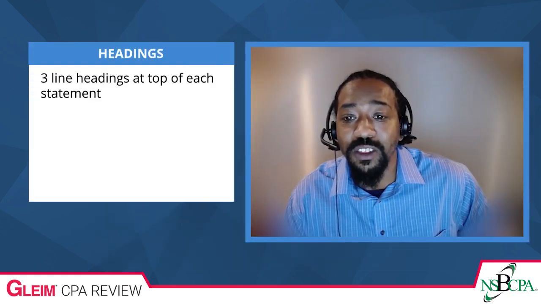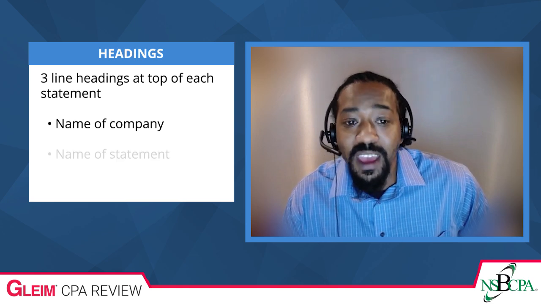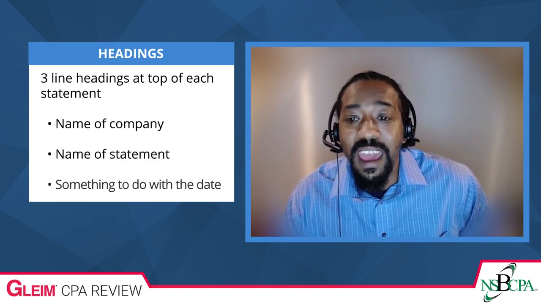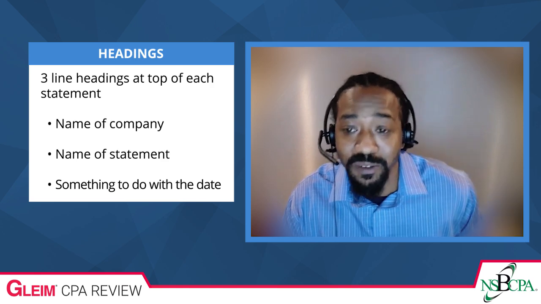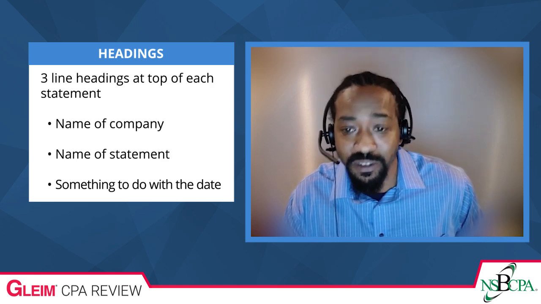The next basic rule for preparing financial statements is how to label your statements. The heading of each statement should consist of three lines: name of company, name of statement, and something to do with the date. I always tell my students to remember back to elementary school.